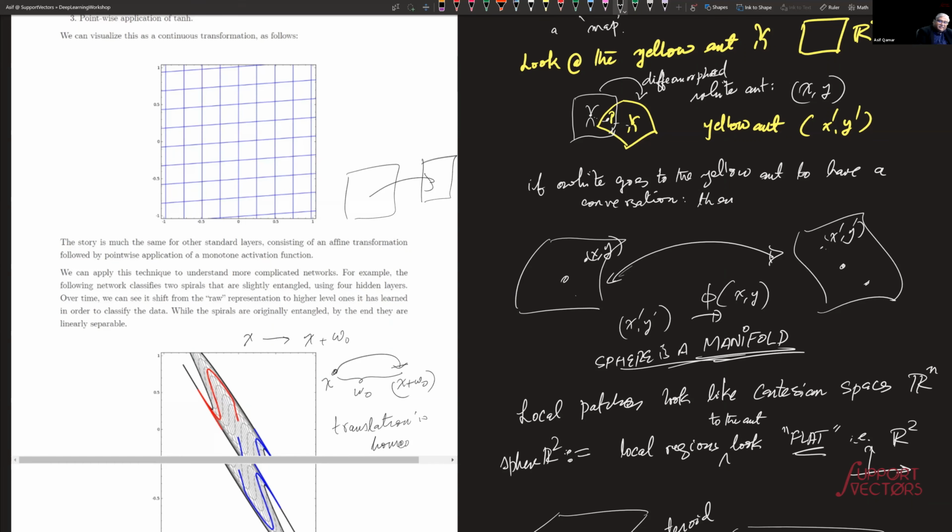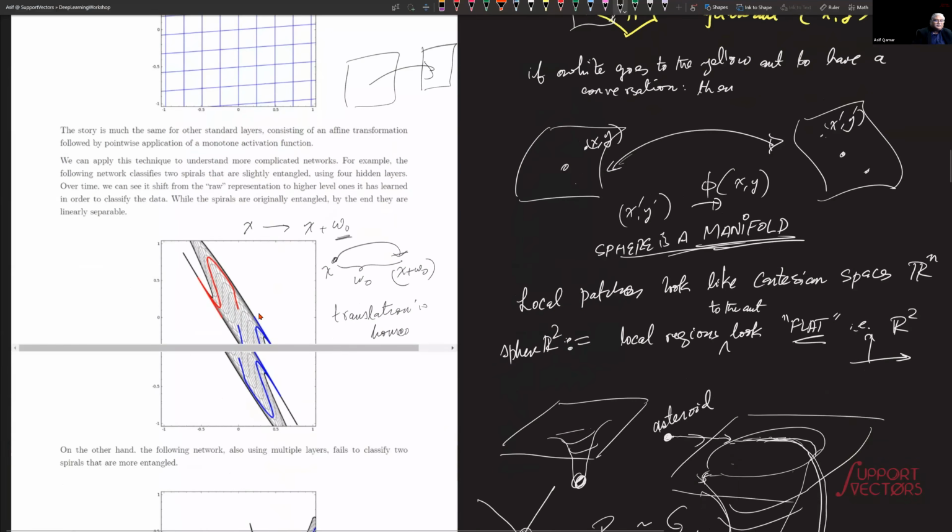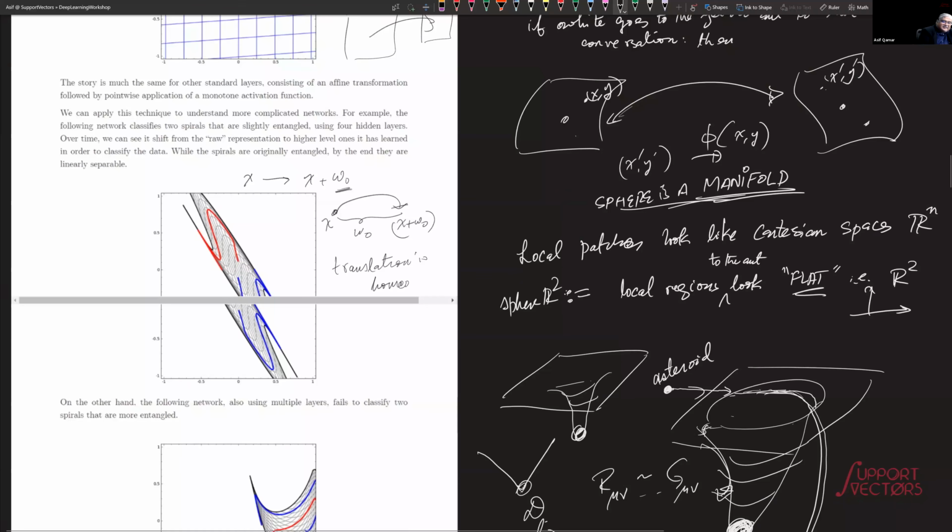And is it invertible? How do you invert back to the original point? You just subtract W naught, right? Likewise, the next factor: suppose I take X and multiply it by W1, W1X. Is this a homeomorphism? It is a stretching, right? You're just stretching it by an amount W1.